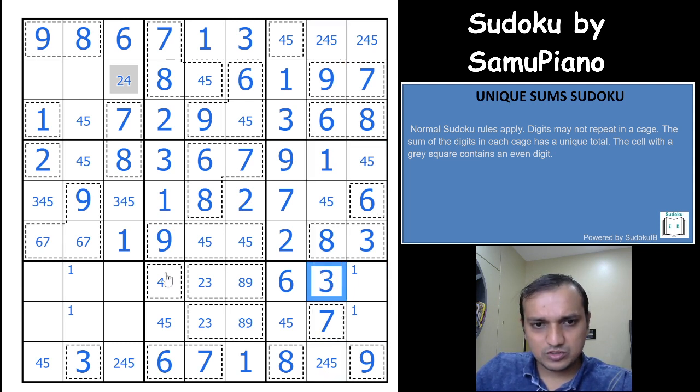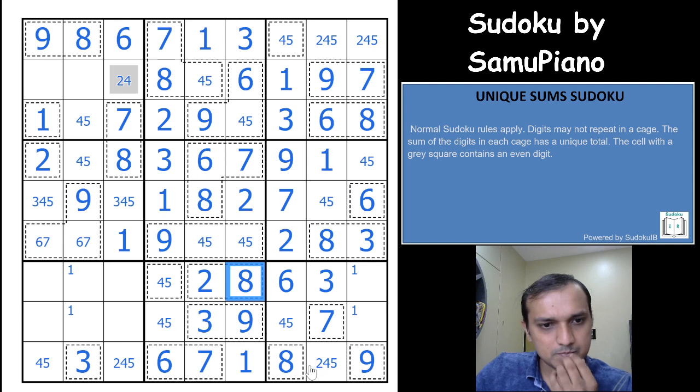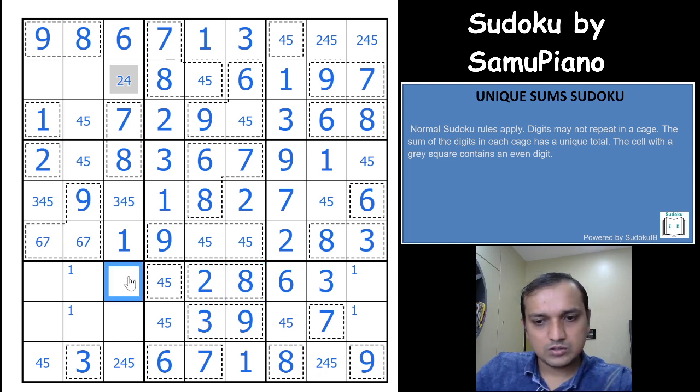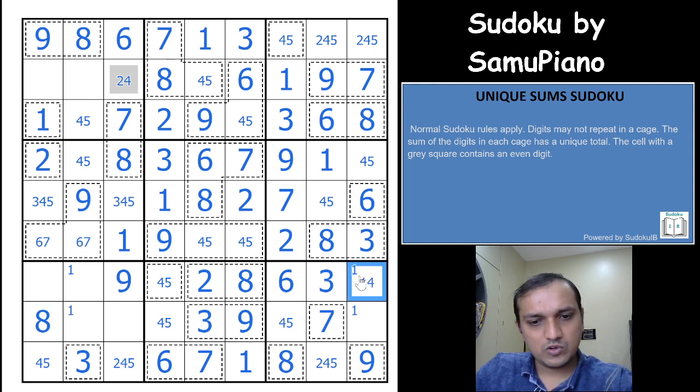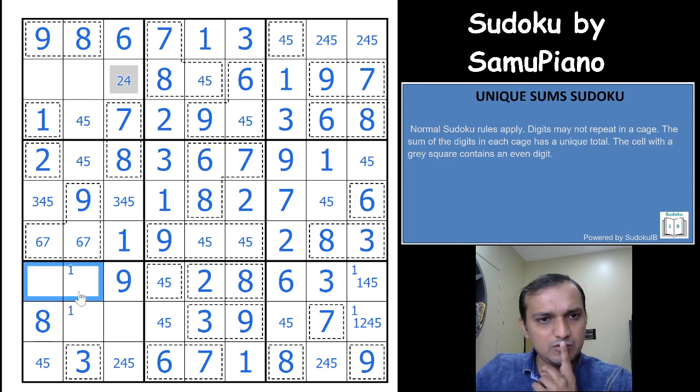2, 4, 5. So this is 3, that is 2, that is 3. That gives you 9 and an 8 here. This is 9 and that is an 8 here. 1, 4 and 5. 1, 2, 4 and a 5. 7 is in one of these two cells, okay?